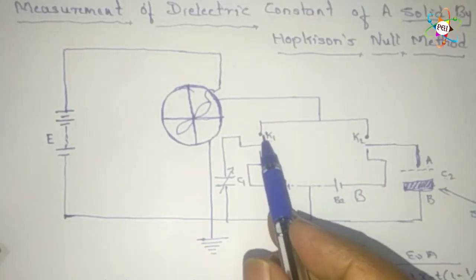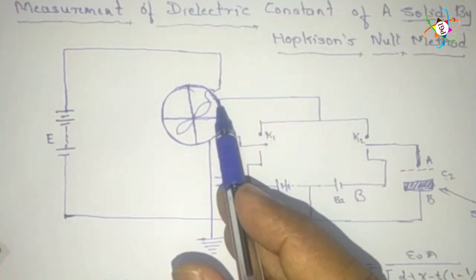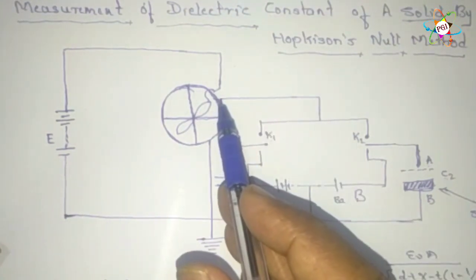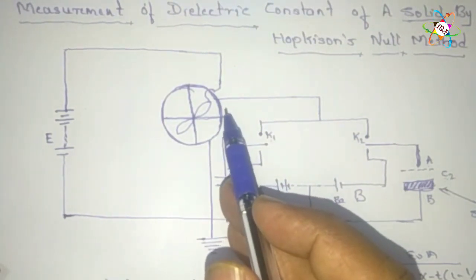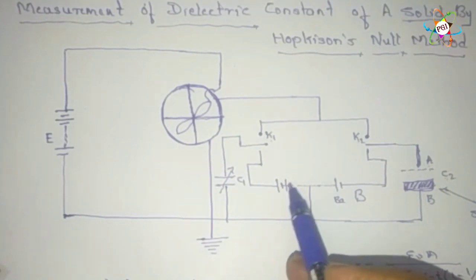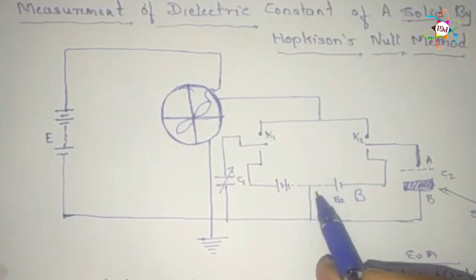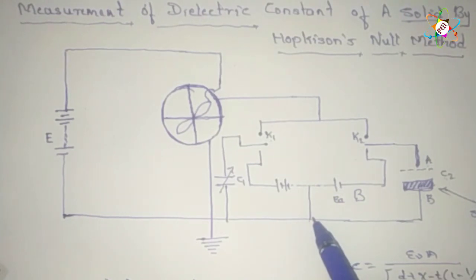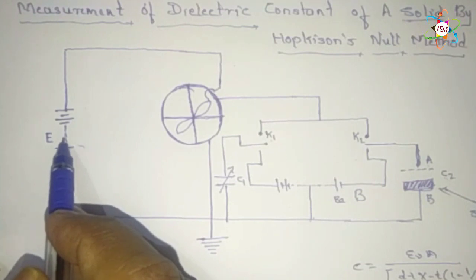In between K1 and K2 is connected the electrometer. We take two batteries connected to the ground, and the EMF will be applied.